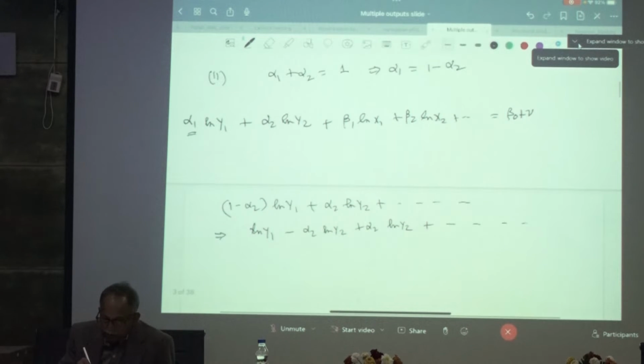So that means log of y1, and then if you look at these two together, you have alpha 2 and alpha 2, so alpha 2 is common. So you can just write plus alpha 2. Now alpha 1 is equal to 1 minus alpha 2.